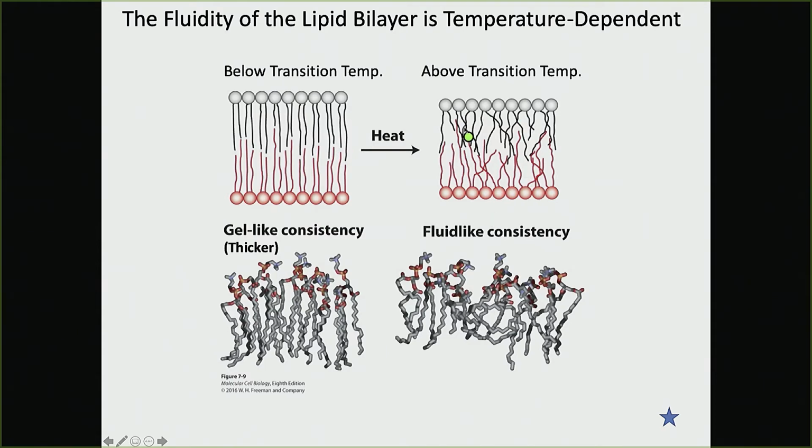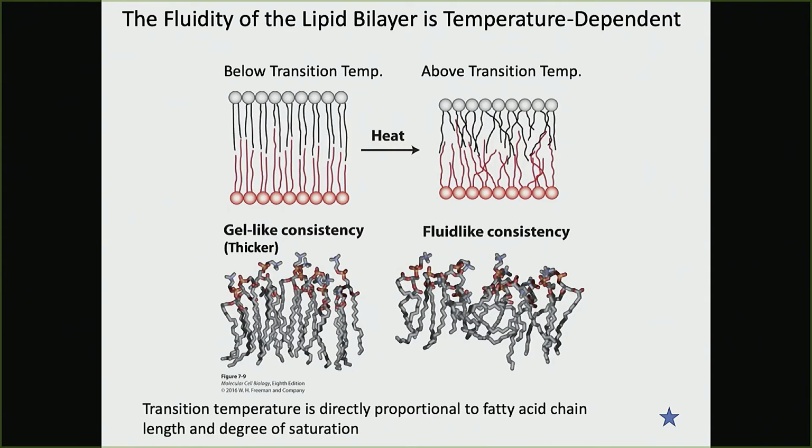On the other hand, above the transition temperature, all these fatty acid chains get disrupted and undergo random, vibrating motion, and that packs the two layers much closer. This gives you a fluid-like consistency, and at this temperature the width of the plasma membrane is much less. This is a very classic example.